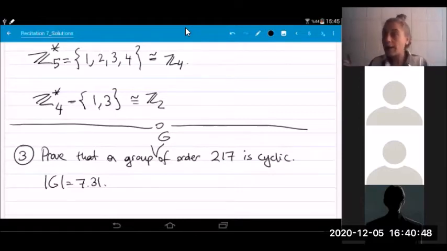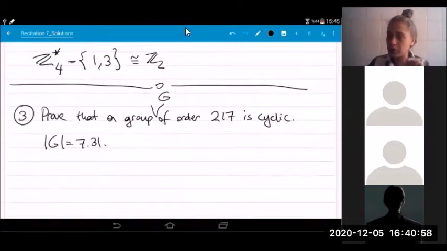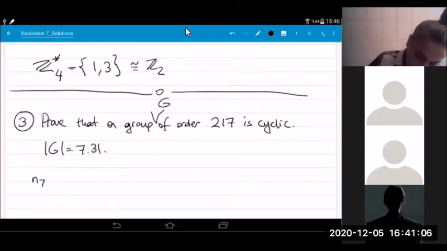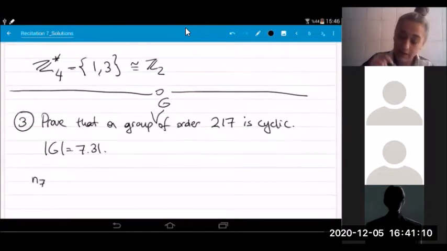So maybe we can use the new method we've just learned, which are the Sylow p-subgroups. And you know the internal direct product and external direct product of groups, and we are going to combine these two pieces of information. So, what can you say about the number of Sylow 7 subgroups?